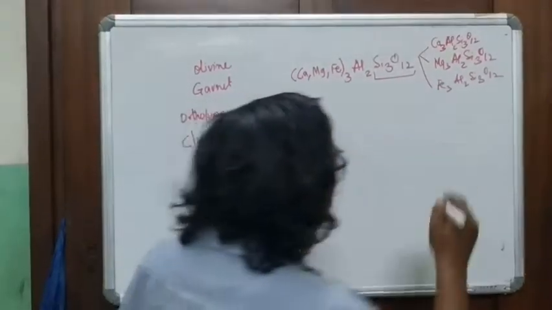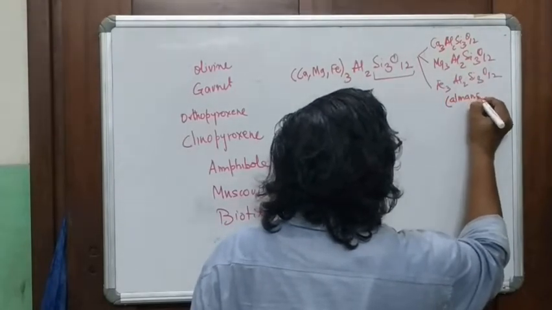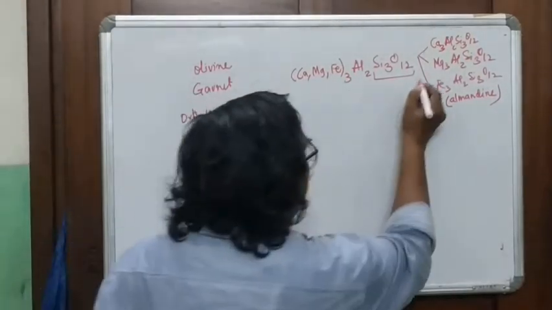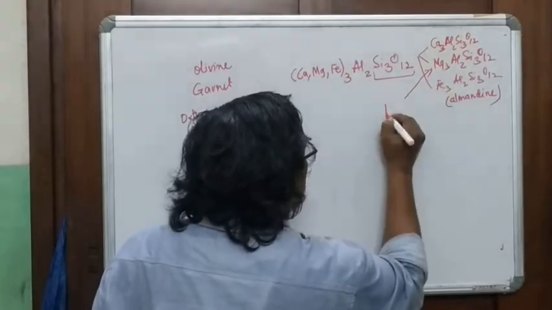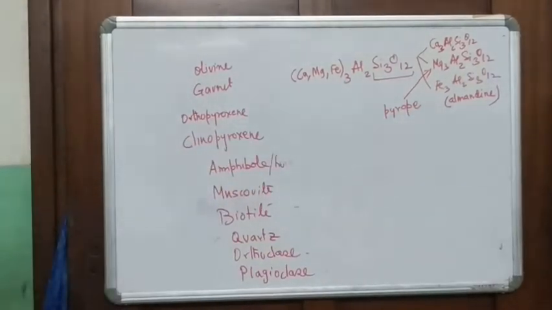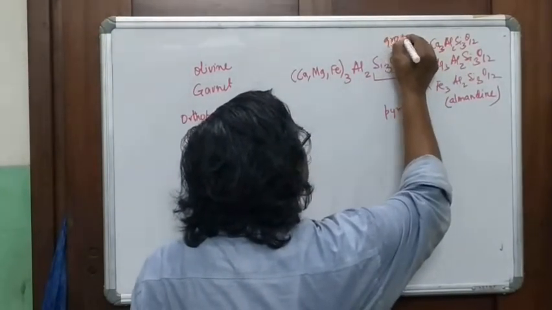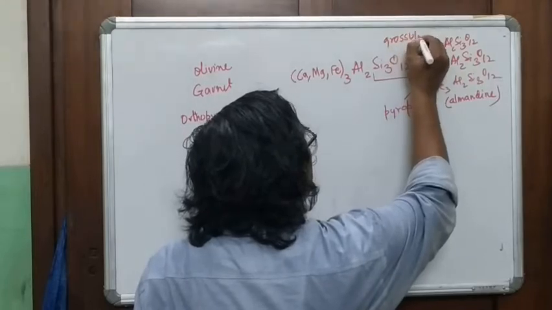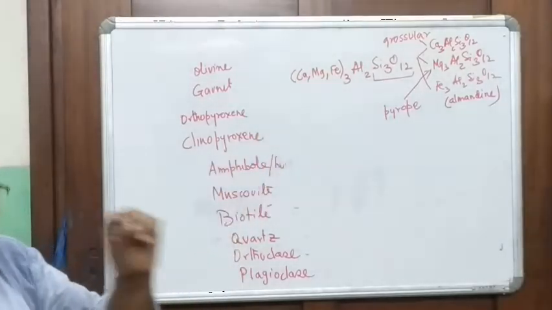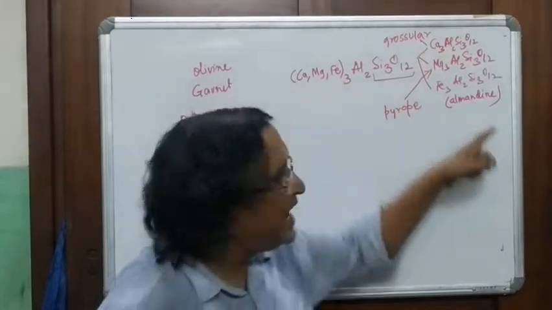Now the names: the iron end member is called almandine. The magnesium end member is called pyrope. You have to remember this. And the calcium end member is called grossular. So essentially, garnet is a solid solution, in a very simple situation, of grossular, pyrope, and almandine.